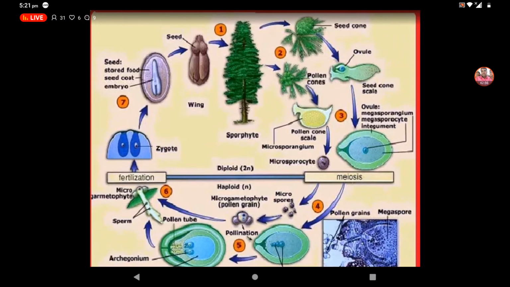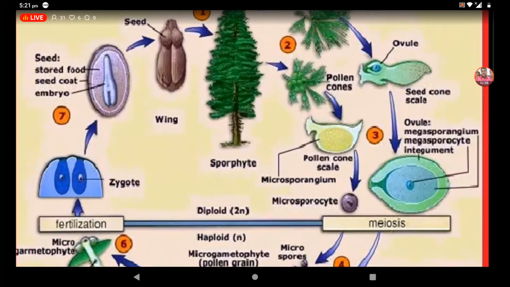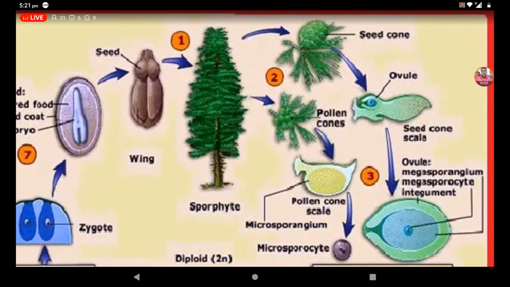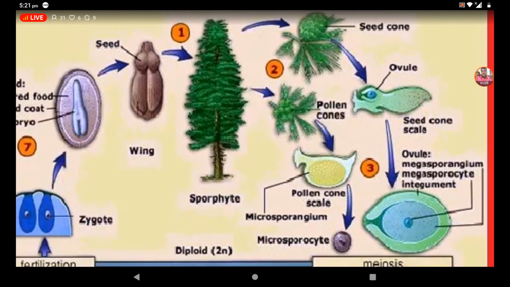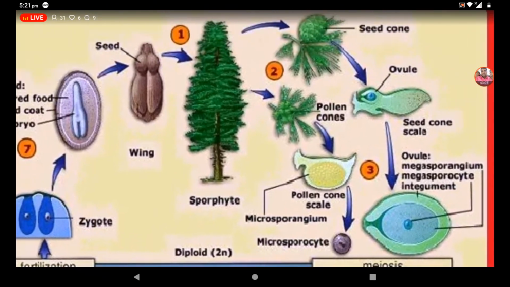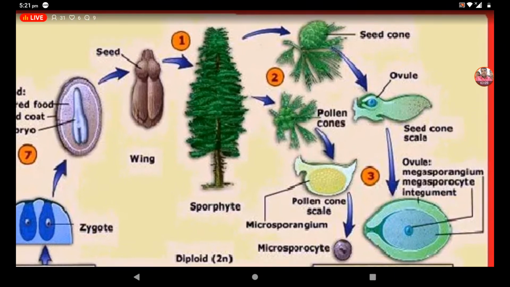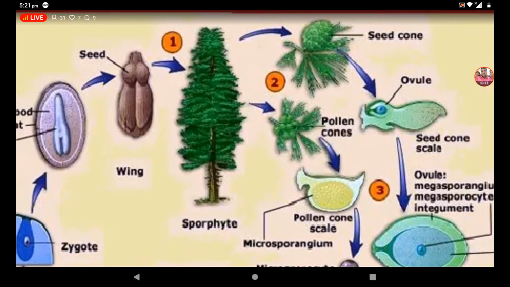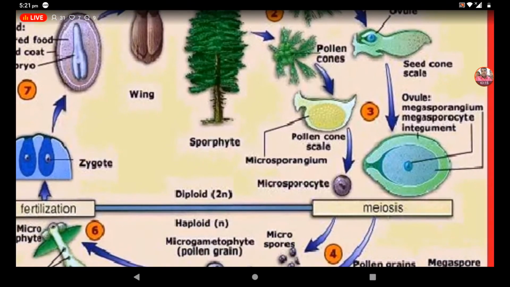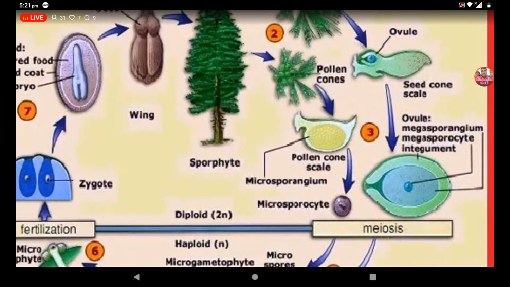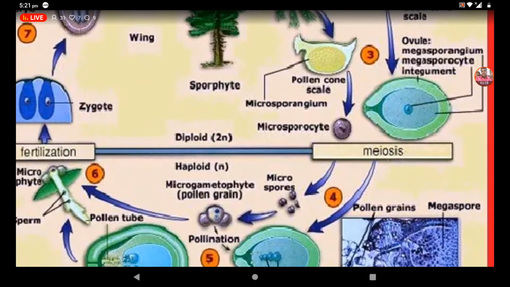So this life cycle, I hope you all understood. I am repeating it last. The sporophyte plant has male and female cones respectively. The male cone is the pollen cone, and the female cone is the seed cone. They form the microsporangium and megasporangium. Microsporangium is male, megasporangium is female.